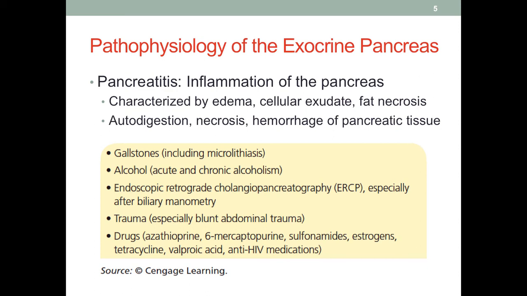Also, acute or chronic abuse of alcohol could lead to pancreatitis. Obviously, this has an addiction and lifestyle factors involved. Therefore, in addition to acute care, we would need to conduct nutrition counseling, nutrition education, and behavioral therapy in some cases. And of course, trauma as well as certain medications can also lead to this condition.